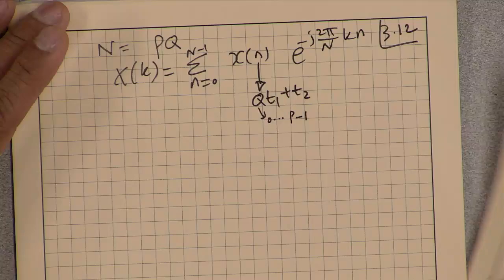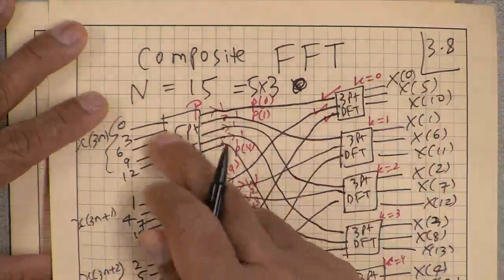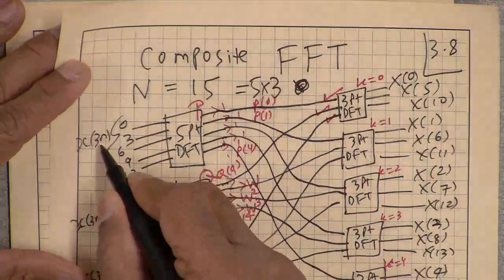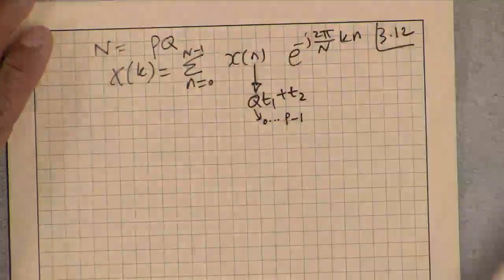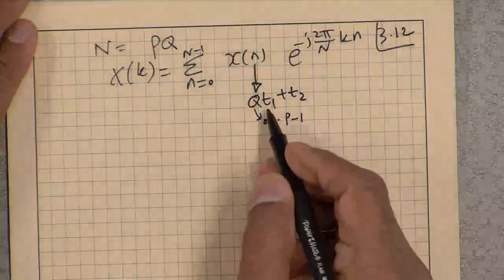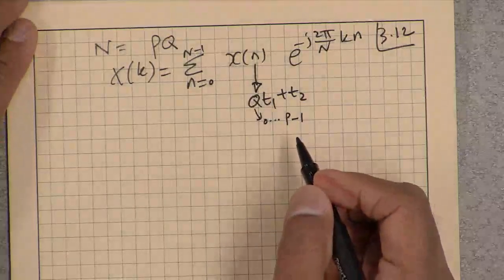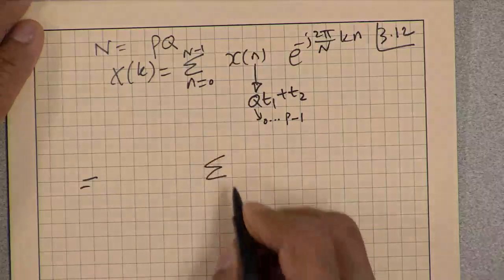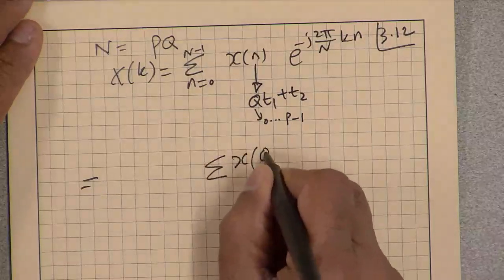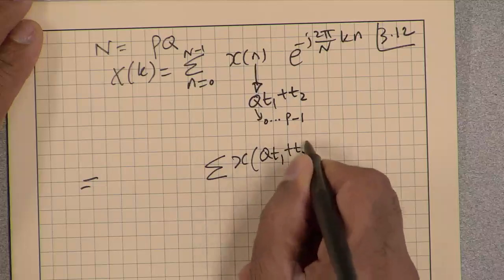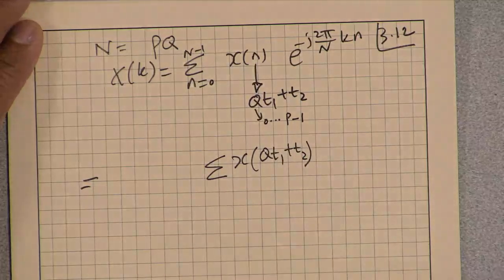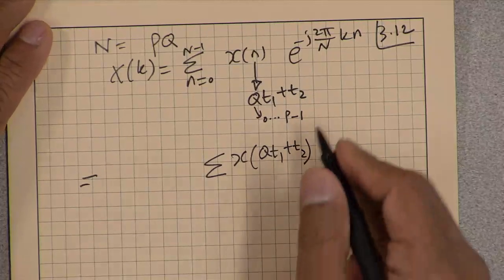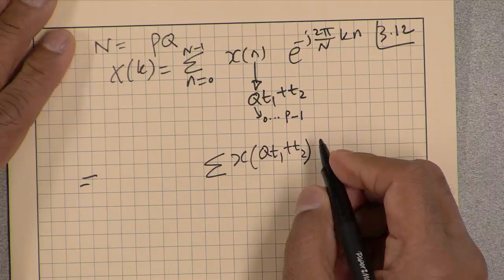For this one I can say t2 is 0, and these inputs are x q t1. So first of all we will take this x of q t1 plus t2 and compute, what are we computing? P point DFTs.